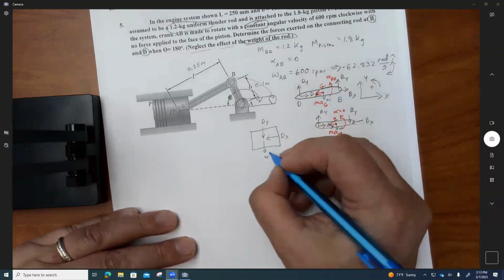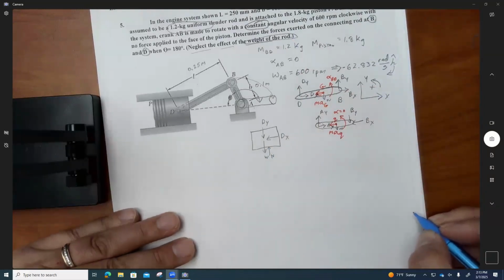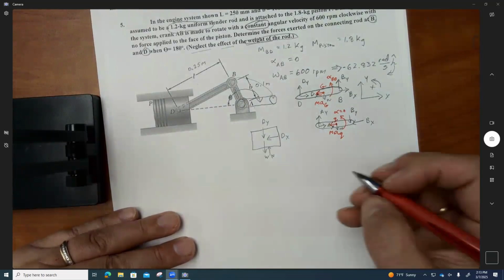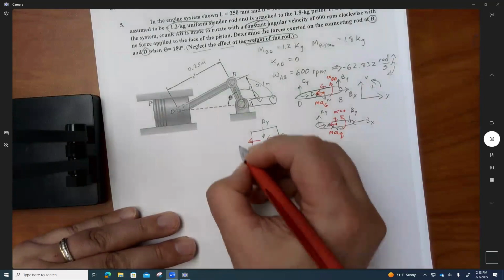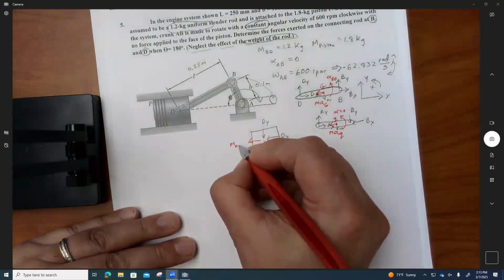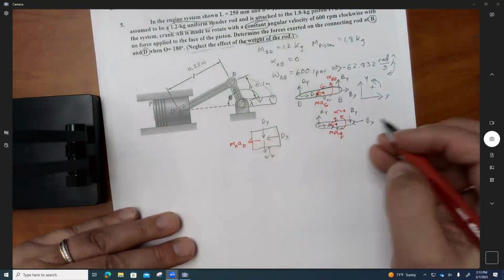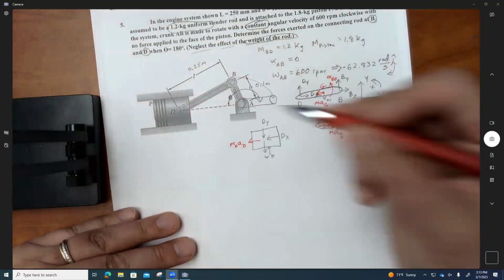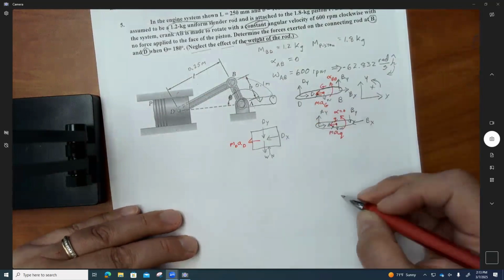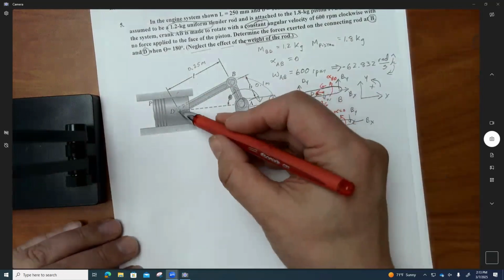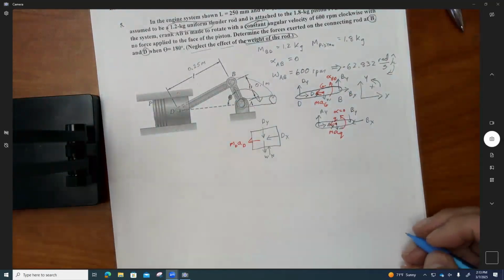And there would be a normal force that's holding this up. And if we look at our acceleration components, I'm going to put mass of D times the acceleration of D, directed that way because it's constrained. And there is not going to be rotation of the piston. That just isn't possible the way that it's constrained. So there is no alpha for the piston.